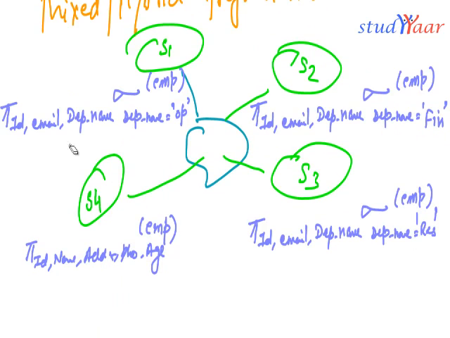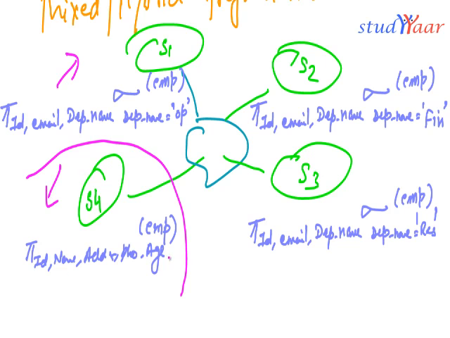Here I have vertical as well as horizontal fragmentation. Some attributes are stored at some places and some tuples are stored at some other places. So you can think of it this way: between this part and this part I have a vertical fragmentation, right?